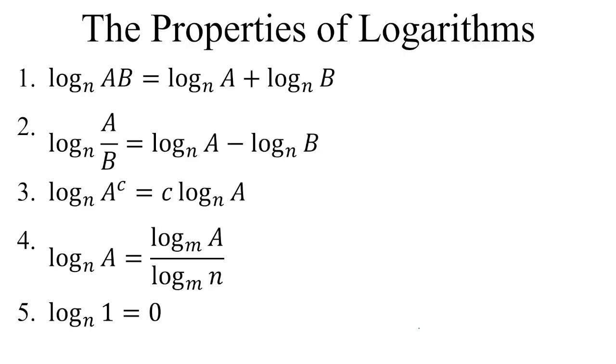Property 4 is actually the change of base property as described in the introduction to logarithms video. But in that video, it just said log of A over log of N, whereas you can use any base. And finally, log of 1 is 0.